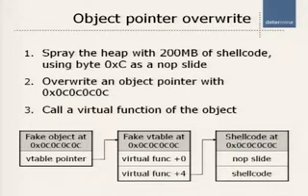So to exploit this, we need to spray the heap with 200 megabytes of shellcode, but as a NOP slide, instead of the standard 0x90 byte, we will use byte 0C, which is a valid x86 instruction.